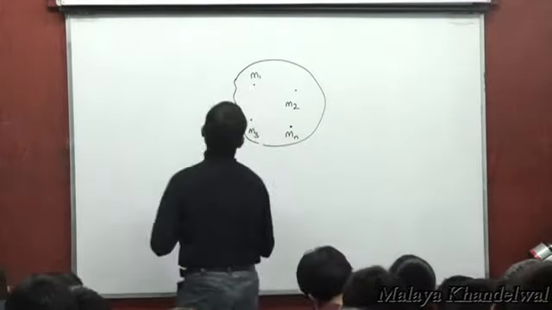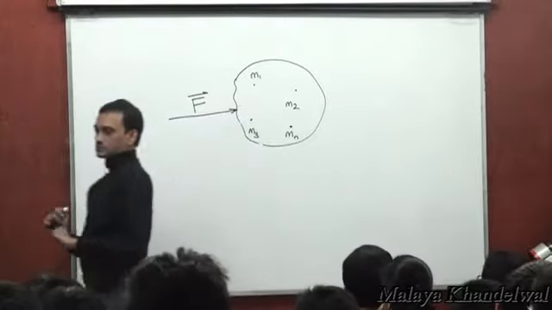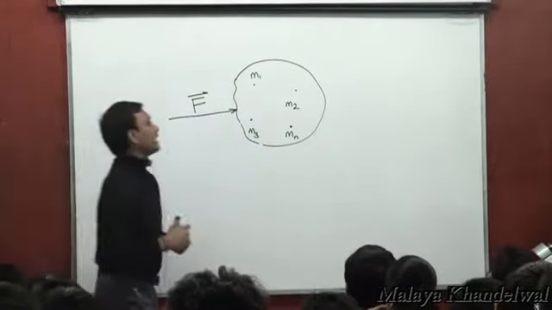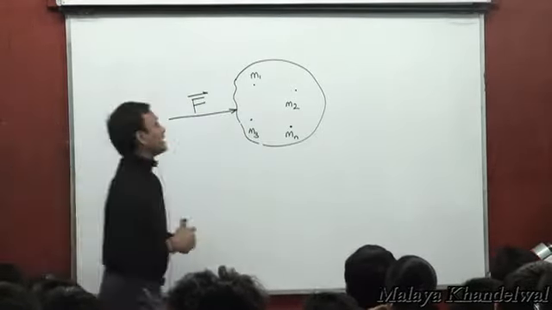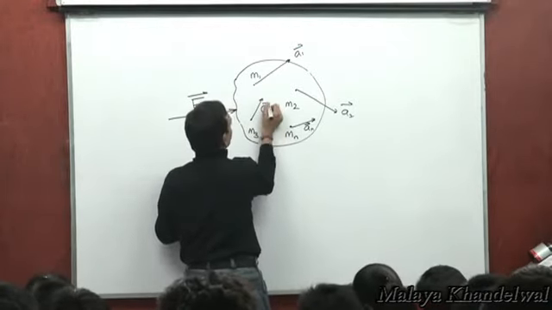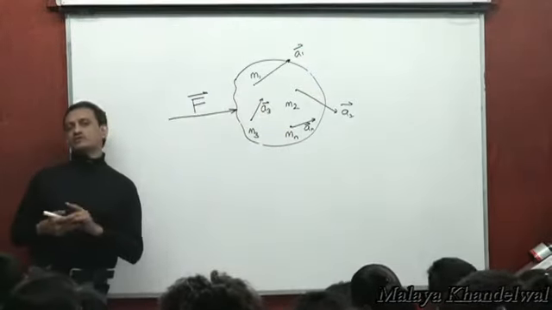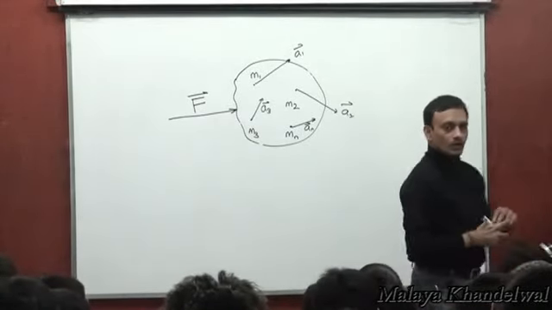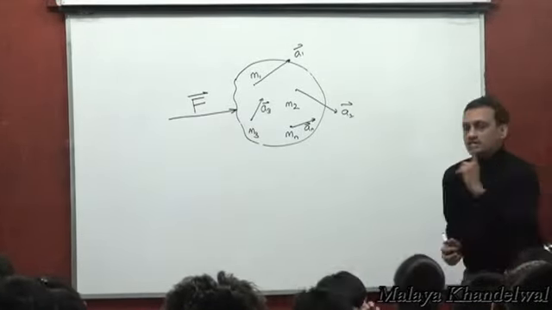and it is found at this instant that the accelerations of m1, m2, m3, ..., mn are, let's say, a1 is the acceleration vector of m1, a2 is the acceleration vector of m2, a3 and so on and so forth. These are the accelerations of various particles. Then the generalized second law states the following.